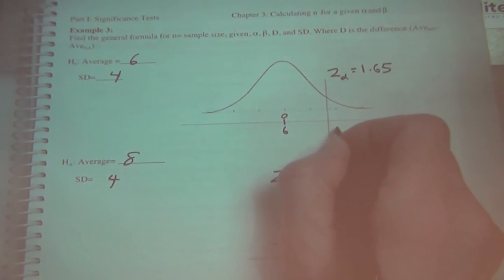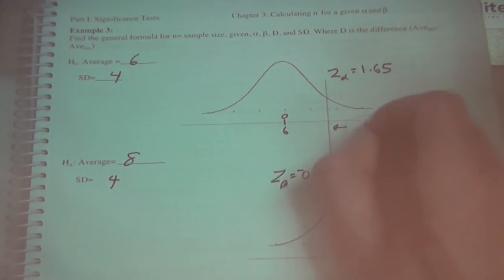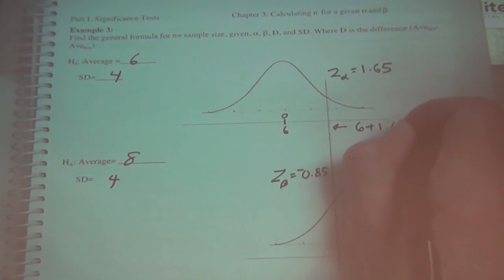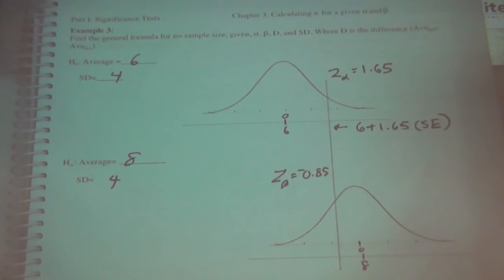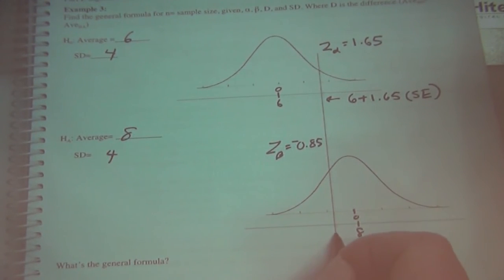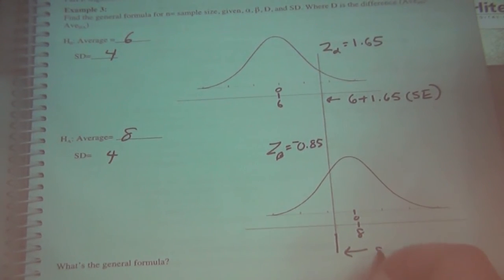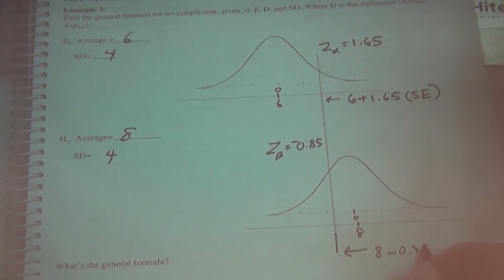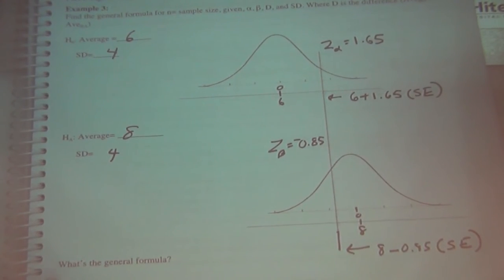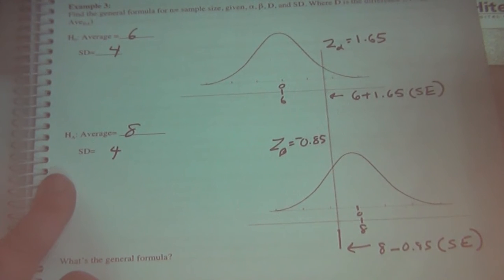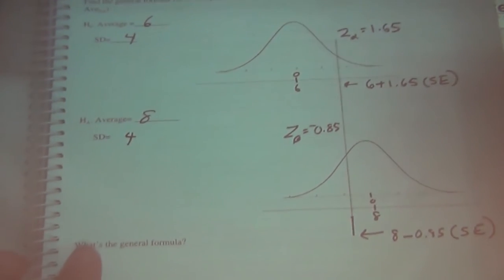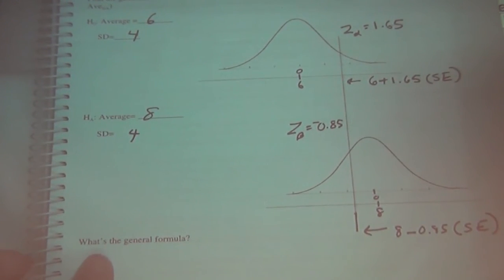So now we said this right here is 6 plus 1.65 times our standard error. And we said this one right here is 8 minus, because we're going in that direction, 0.85 times our standard error. And so the way that we can get the same general formula that I showed you intuitively is we can say, what is our general formula?